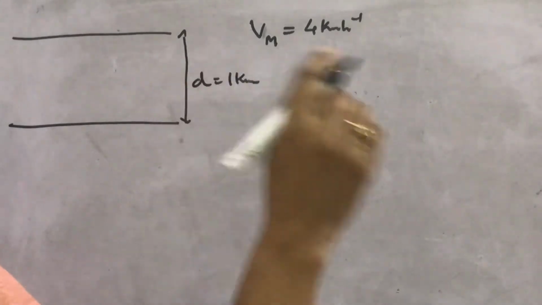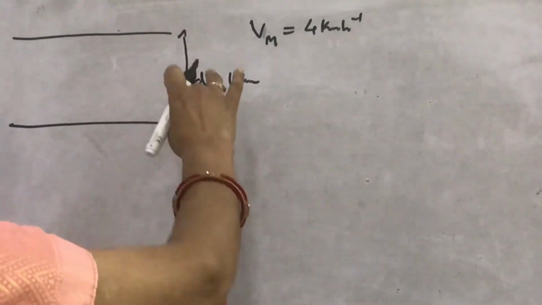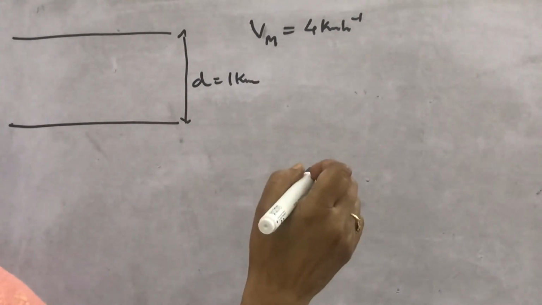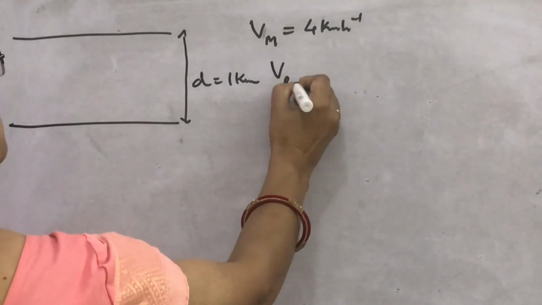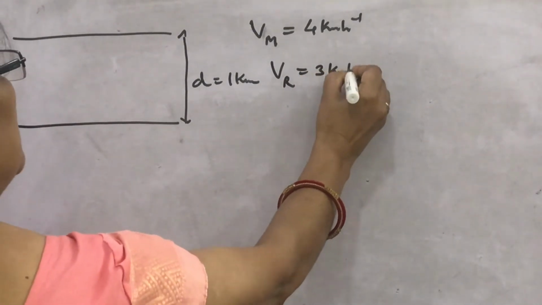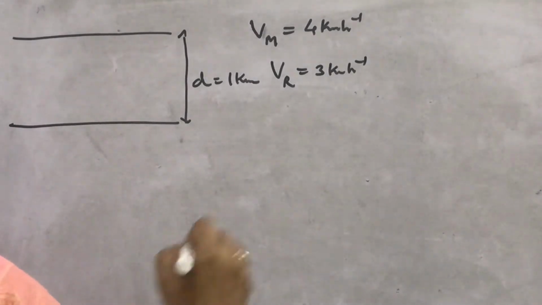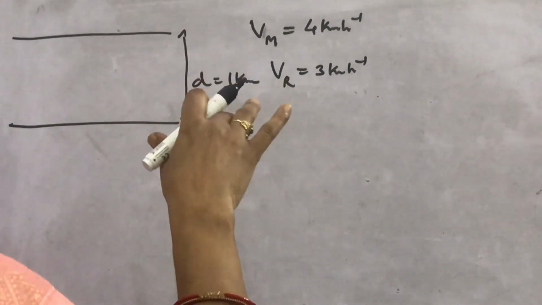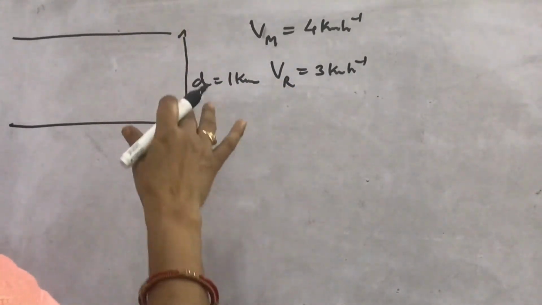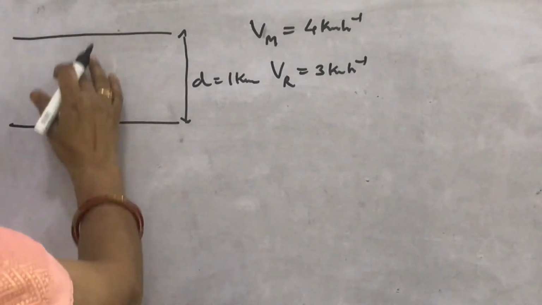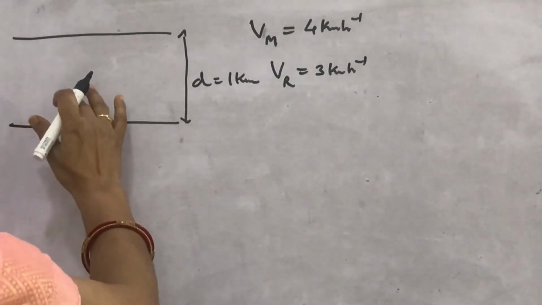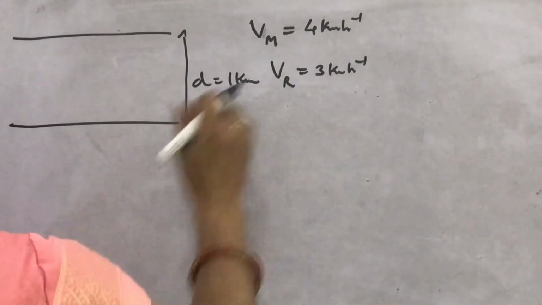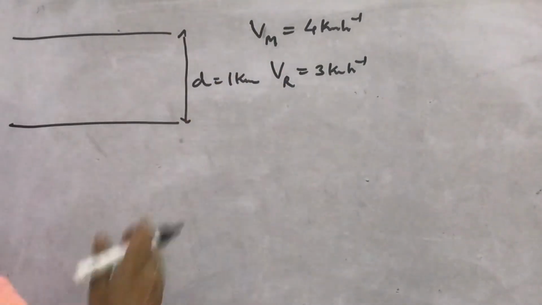If the river flows steadily at 3 km per hour, so the river speed is given as 3 km per hour. He makes his strokes normal to the river current, and the man's speed is 4 km per hour, the river's speed is 3 km per hour. How long does he take to cross the river?